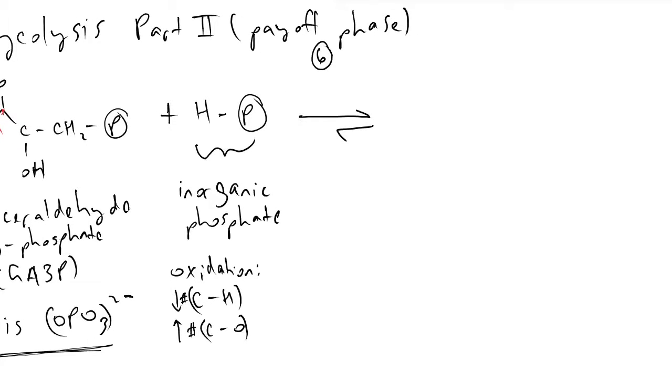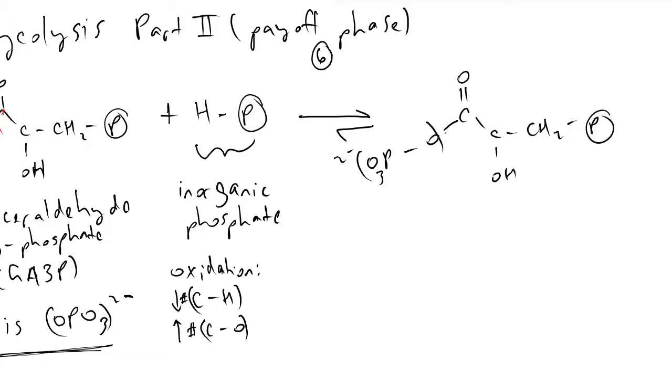If we draw out 1,3-BPG, we'll have the same carbon here, and if we look at the OPO3 2- group, we have this additional carbon-oxygen bond as well as the rest of the molecule that we had before. And just for clarity, this group right here can also be represented by a P with a circle around it.